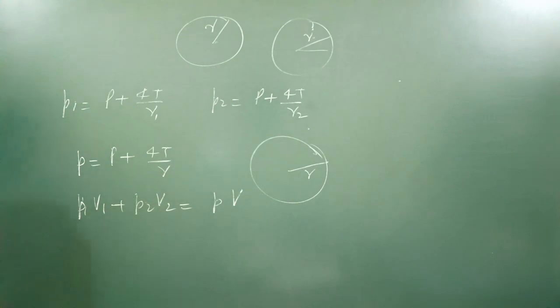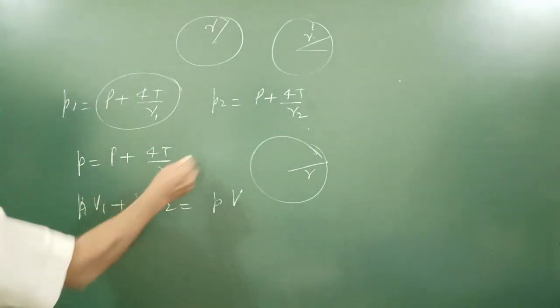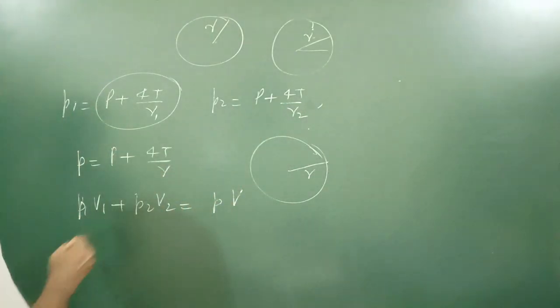So we can write here this is P1, this is P2, this is P, and we know the volumes.